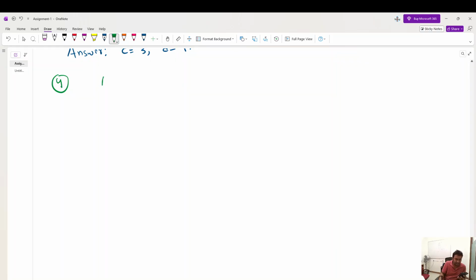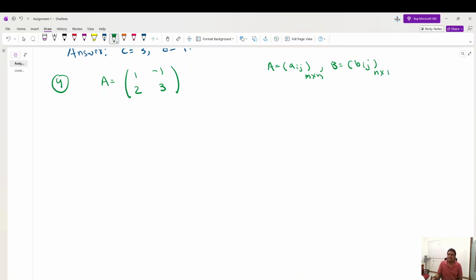Okay, so what is your A? A is [1, 2; -1, 3]. See, in general, how we write matrix multiplication. Say this is the ijth entry of AB, where A is m cross n and B is n cross n.